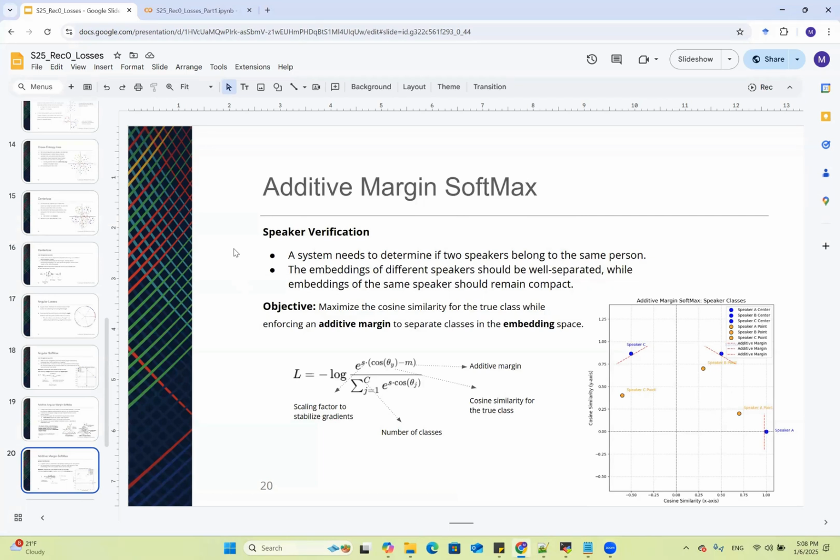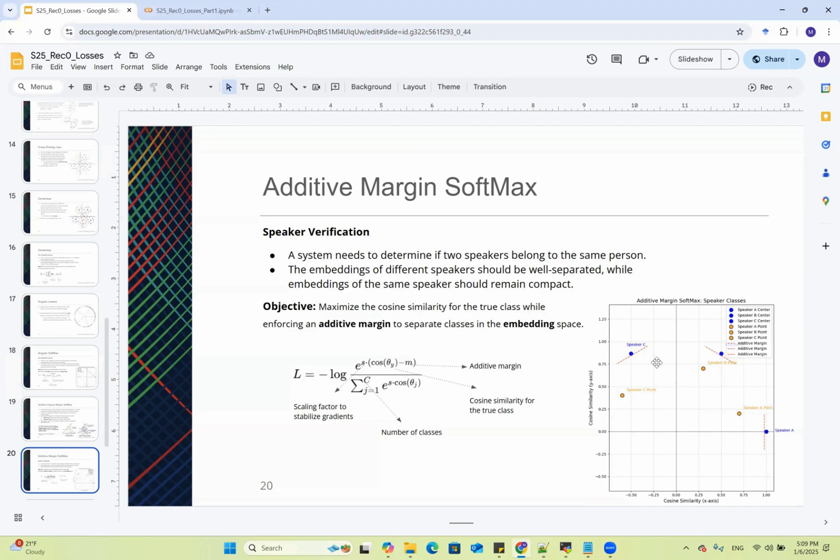An example for the additive margin softmax is a speaker verification system. If a system needs to determine if two speakers belong to the same person, the embeddings of different speakers should be well separated, while the embeddings of the same speaker should remain compact. By the way, the additive margin is different from the additive angular margin.